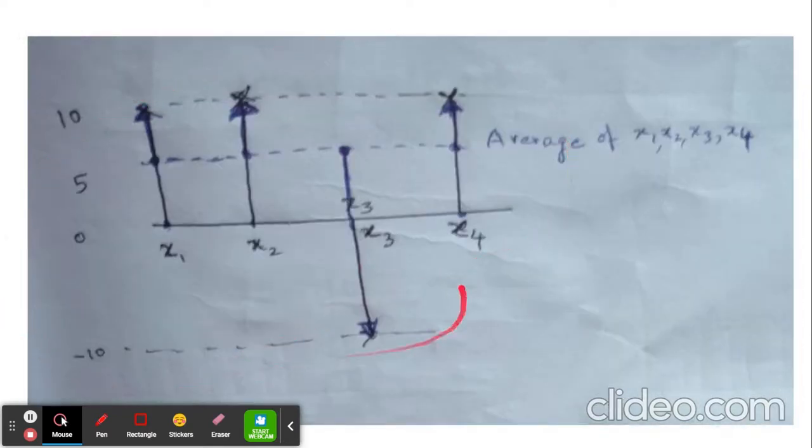In this figure we have also represented the average, a. Here a is the average of all the numbers x1, x2, x3, and x4, and these arrows represent how far the numbers are from the average, and the direction is from the average to the number. What we do in this step is flip the arrow about the average.